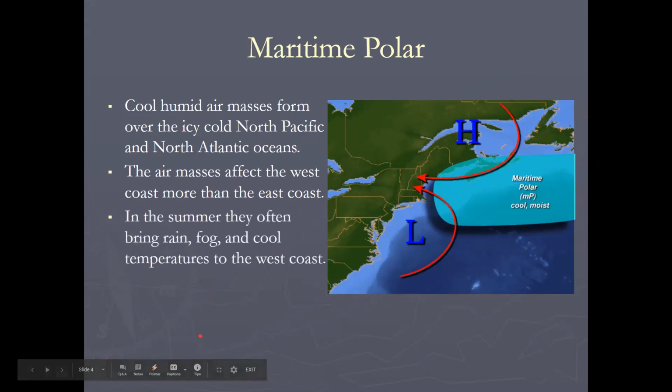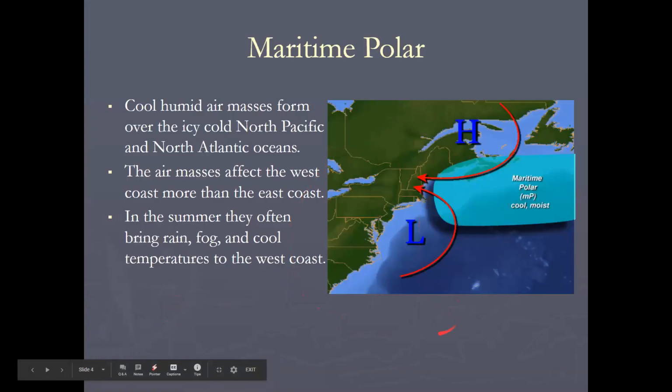So if you think about Washington State or Oregon, Seattle is really known for the rain that it gets a lot. Portland, again, that's because these cool, humid air masses are coming from the North Pacific, and it's bringing that cool, humid air. So they get lots of fog and rain on a quite regular basis.